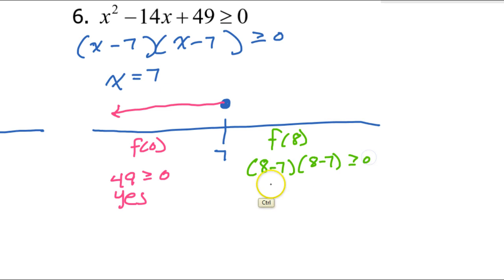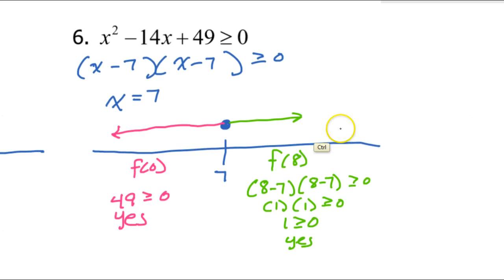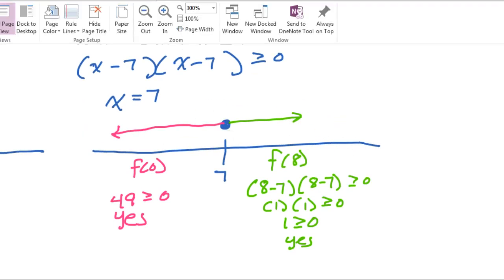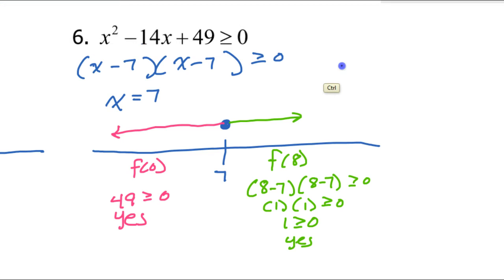And is that greater than or equal to 0? Well, that's just going to be 1 times 1. So yeah, 1 is greater than or equal to 0. So that means I'm going to have solutions here as well. That means everything is going to be a solution. So in interval notation, the solution set should simply be negative infinity to positive infinity.